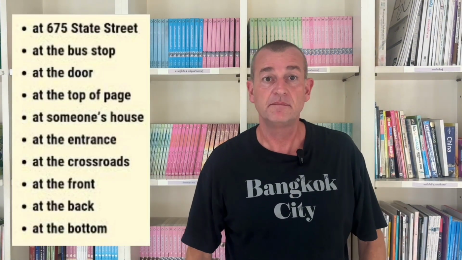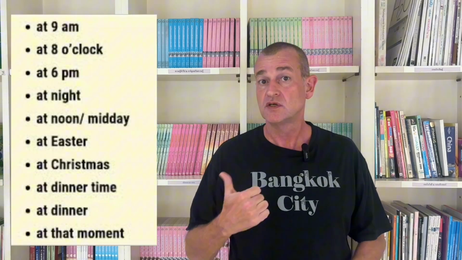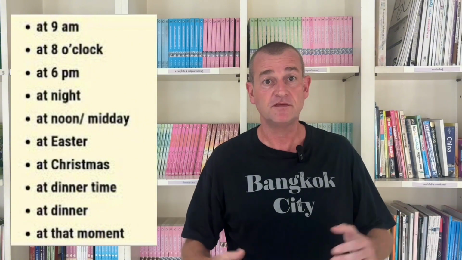Okay, for at, places, specific locations, defined surfaces; time, clock time, time of the day, special times of the year, festive periods. Okay, so now that maybe doesn't mean much to you, so now what I'm going to do is give you some examples of when you use in, on, and at. So continue to watch, and we'll break down each of these into both place and time.